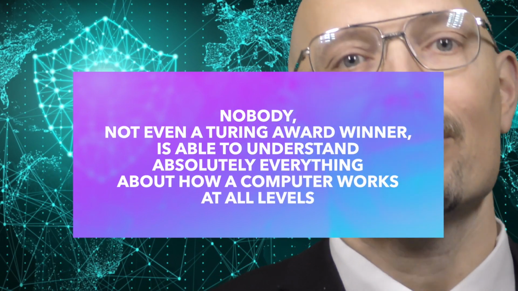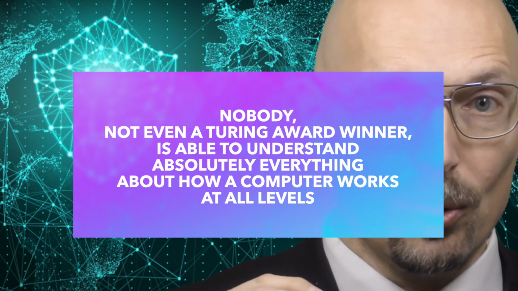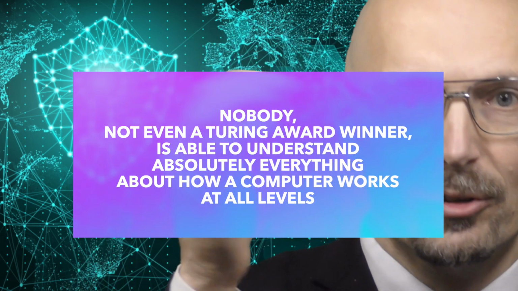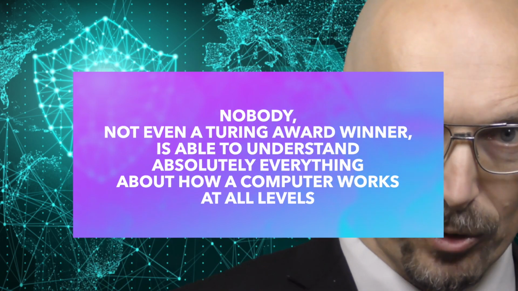Nobody can understand everything about how a computer works at all the levels, from the protocol messages that are exchanged between the web browser and the web server, to the structure of the application program, the operating system calls, the inside of the device drivers, the machine code that's executed by the processor, the circuitry that makes up the physical hardware, the device physics of how the transistors work, and so on and so on. Nobody understands all these levels. I mean, there are people who specialize in one level, there are people who understand a few adjacent levels. Nobody understands the whole thing.